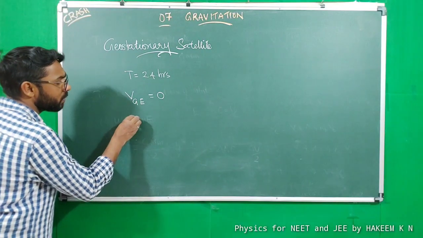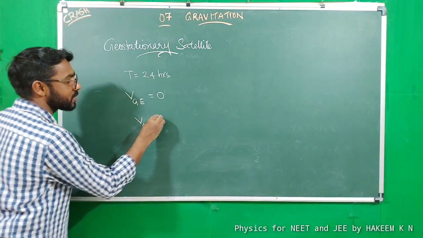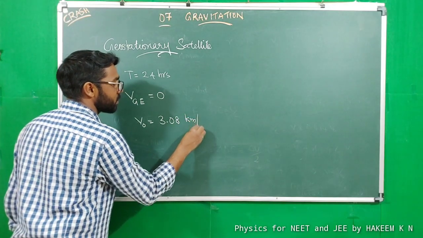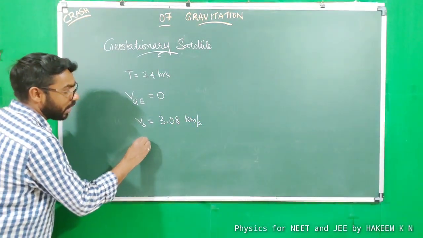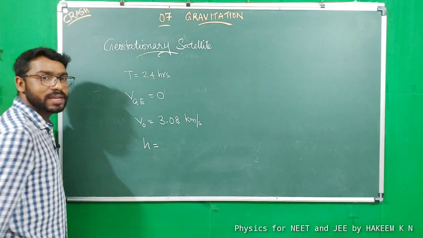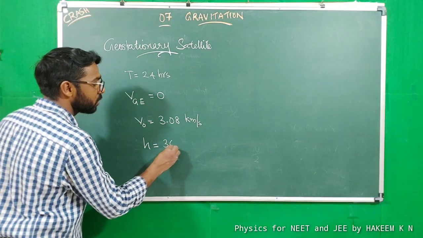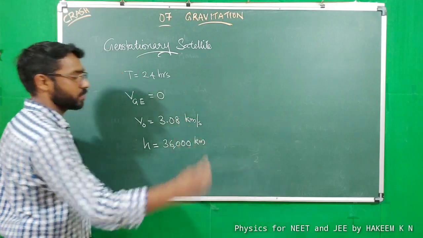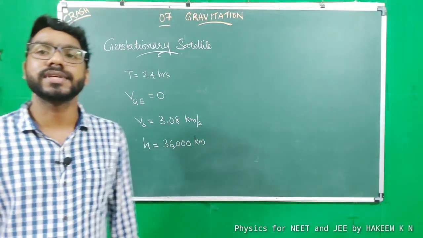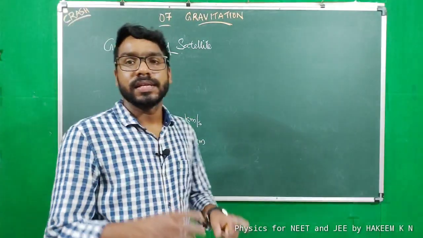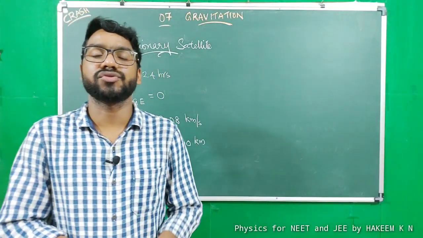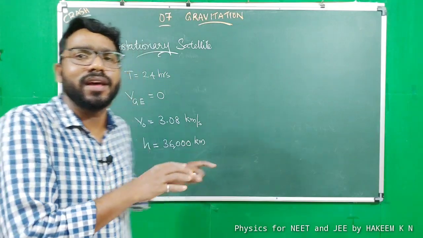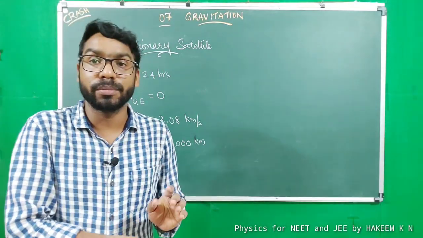Orbital velocity of geostationary satellite is around 3.08 km per second, and height of geostationary satellite is around 36,000 km. Sense of rotation of geostationary satellite is from west to east, and their height is around 36,000 km.